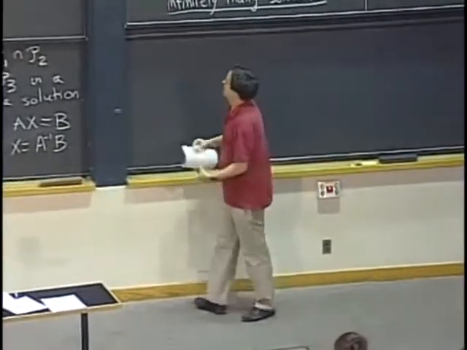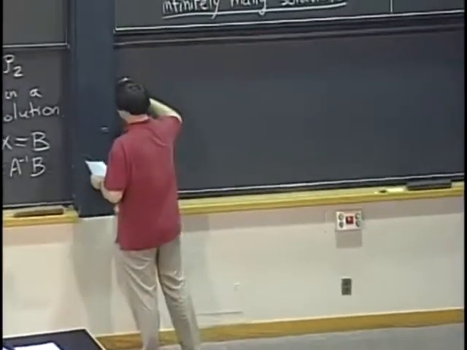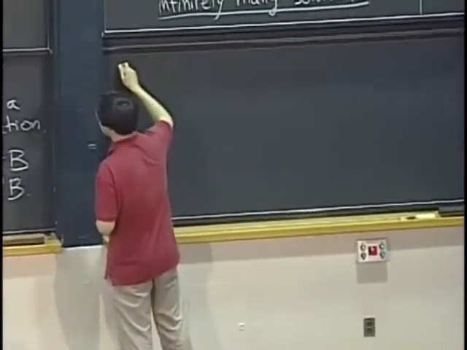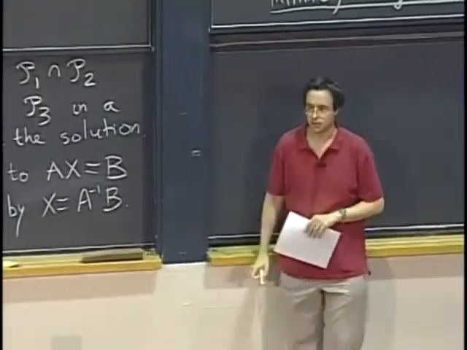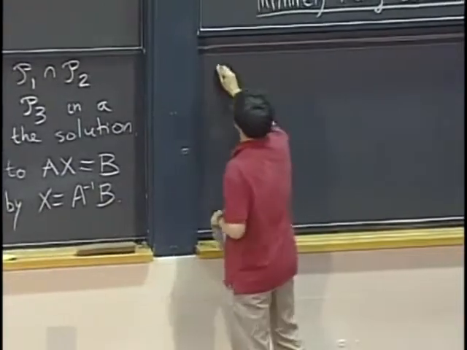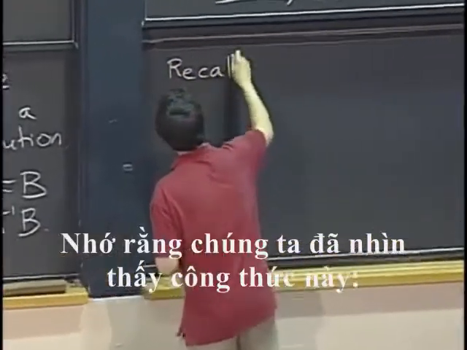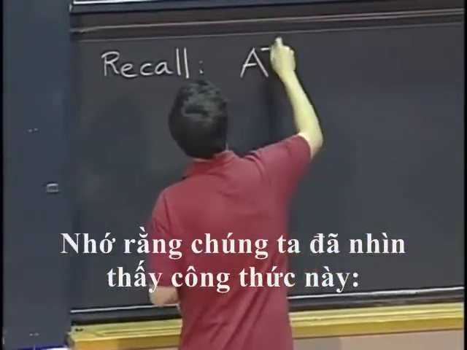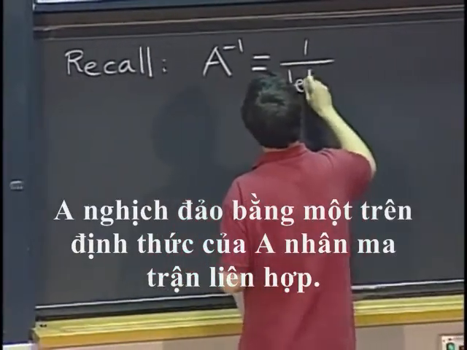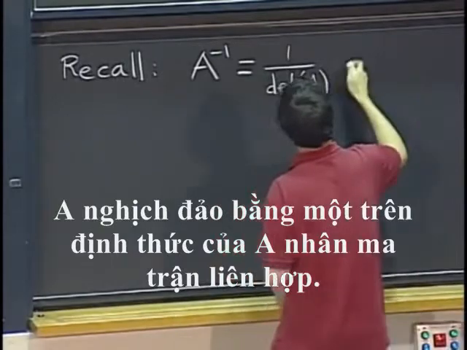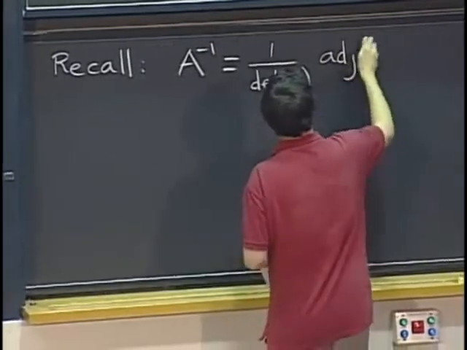Well, the point is actually you cannot always invert a matrix. Recall we've seen this formula that A inverse is 1 over the determinant of A times the adjoint matrix.